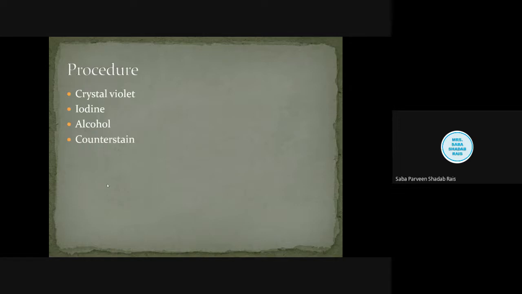You will observe it when we actually perform this practical. As soon as we add the iodine, at that particular stage the smear turns very dark. So again, at this stage also, gram positive as well as gram negative bacteria are dark purple in color.